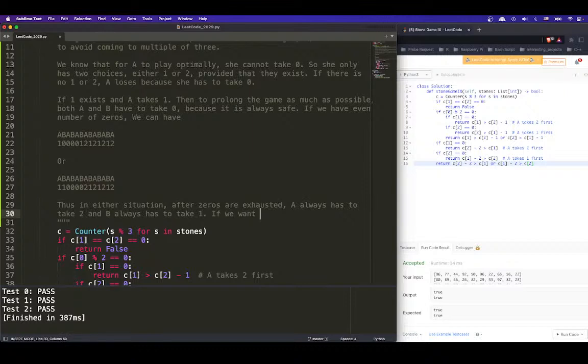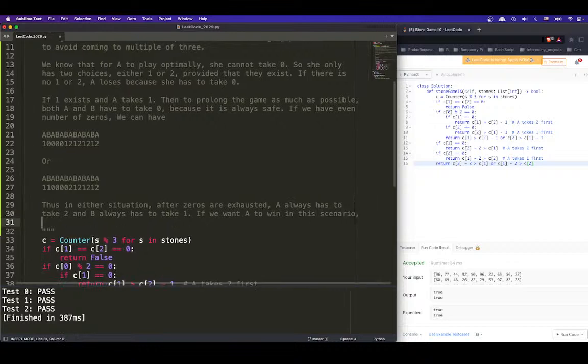if we want A to win in this scenario, we must force B to take 2, which means there has to be more 1s than 2s.